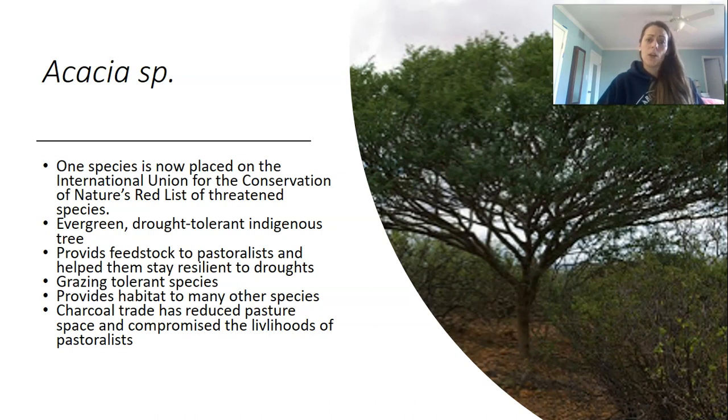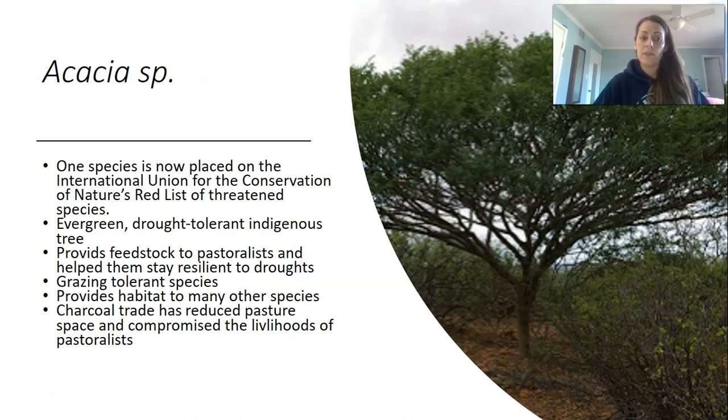And so not only are the species being endangered, but the fact that they're being removed is changing the landscape as well. Acacia trees are evergreen and they're drought tolerant indigenous trees to the area. And traditionally, these were the areas where people would bring their livestock to graze on the land.